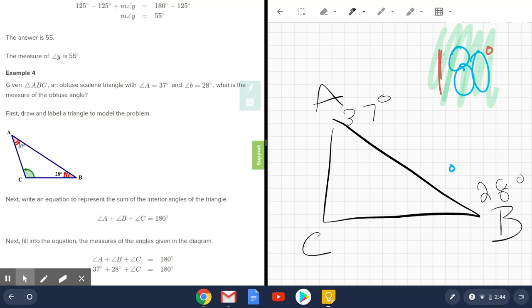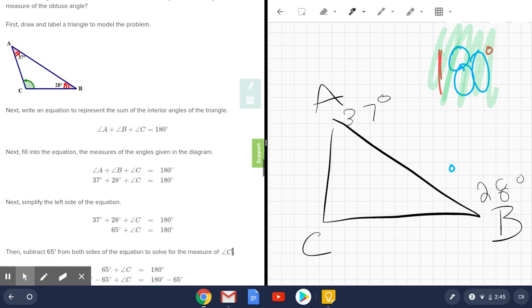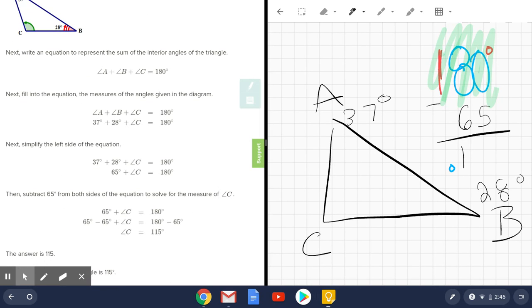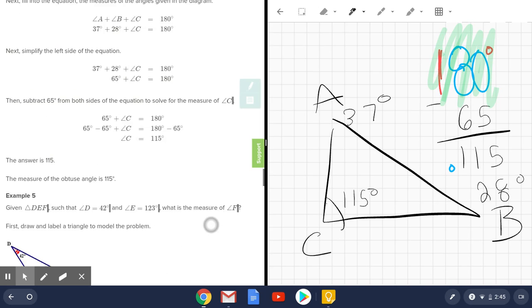So what's 28 plus 37? It would be 65. What's the difference between 180 and 65? It would be 115. So we know that angle C has to equal 115 degrees.